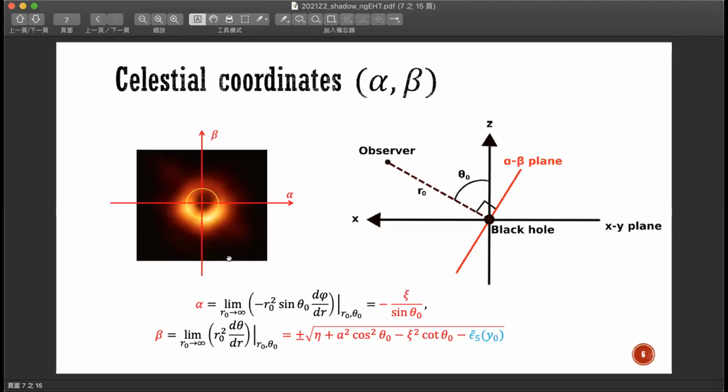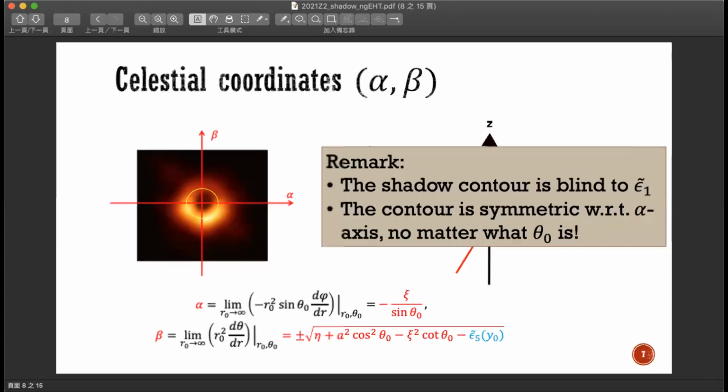And we can have the equations for these alpha-beta coordinates, as you can see here, and we simply call them shadow equations. And the point is that only epsilon 5 appears in the shadow equation. So this means that the shadow contour of the photon sphere or the photon region is completely blind to epsilon 1. And this is one important remark.